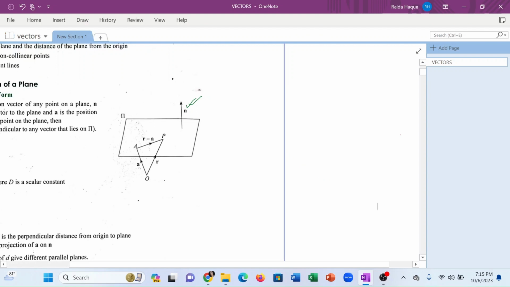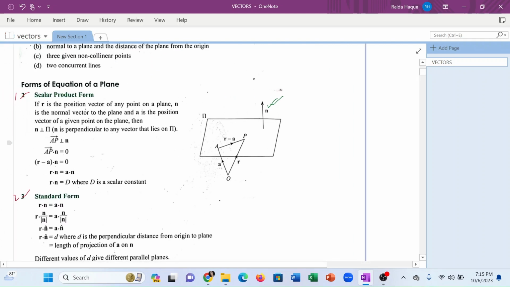Now, if the two direction vectors that we are multiplying to find the scalar product are perpendicular to each other, the answer is always 0. So over here, we can substitute AP with R minus A. When we do the dot product with N, the answer is 0, right?